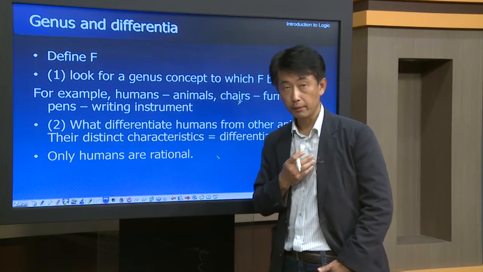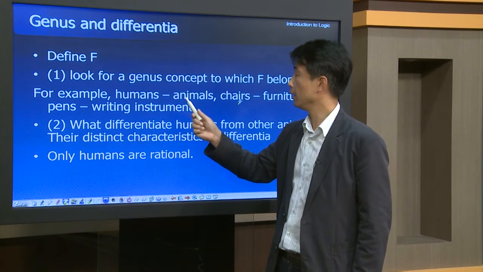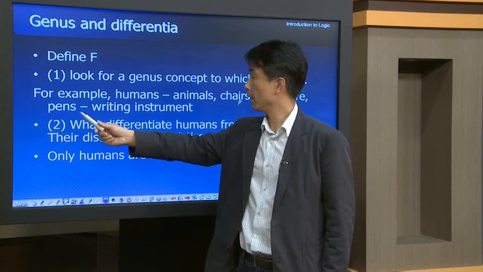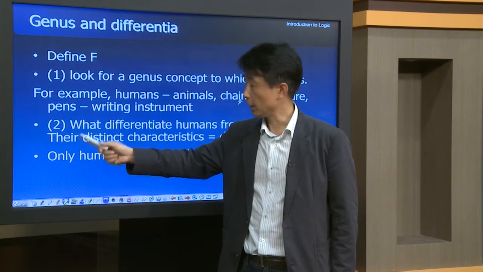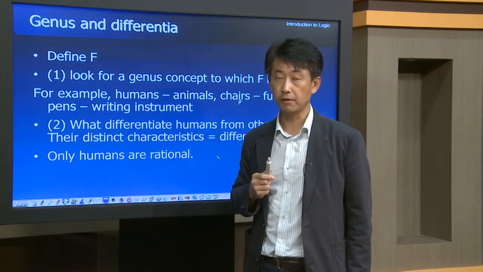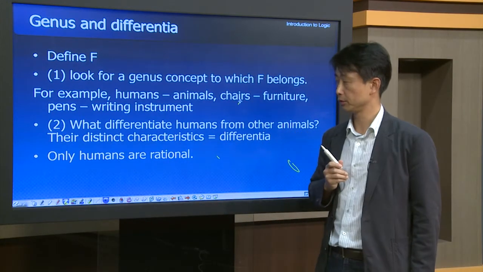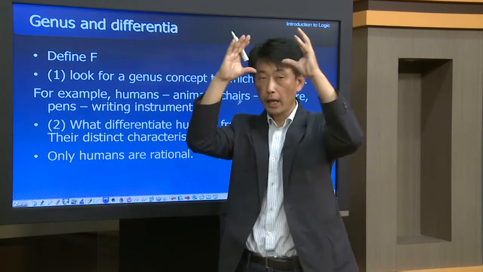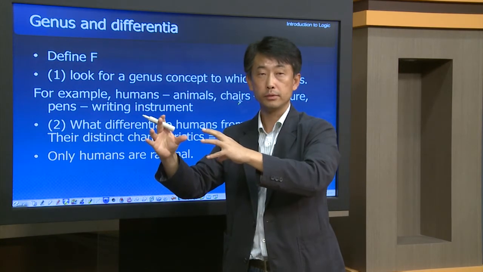The next step is, remember, there are many animals other than humans. There are many writing instruments other than pens. So in the next step, you try to specify what differentiates humans from other animals. That is, in the animal concept, there are humans and there are many other concepts.